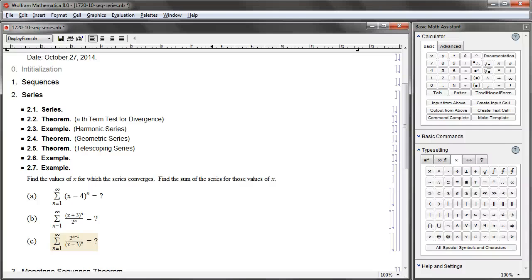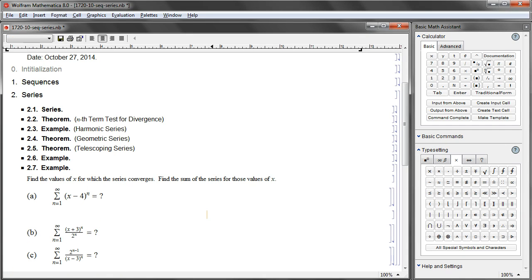The common factor for this term, for example, what is the common factor that keeps being multiplied? What is the r value? The r value in this case is x minus 4. And you need the r value to be less than 1 in absolute value.